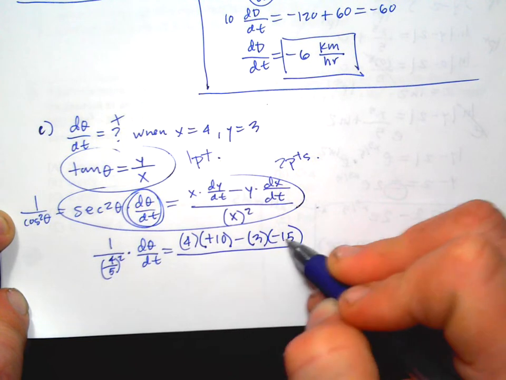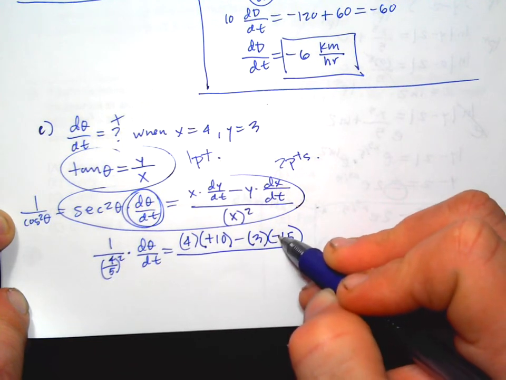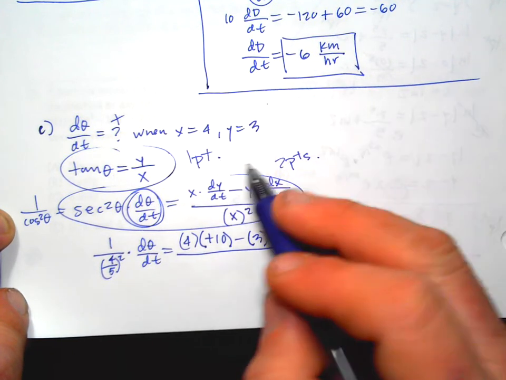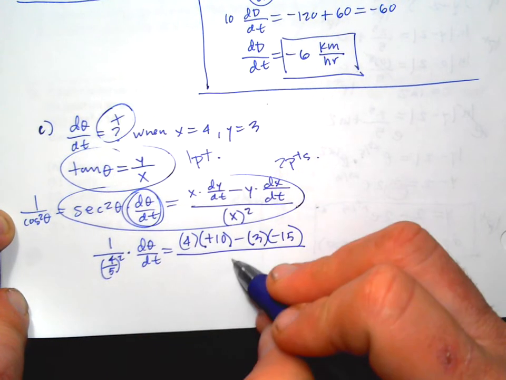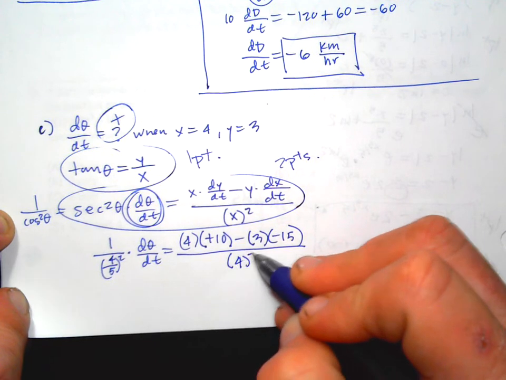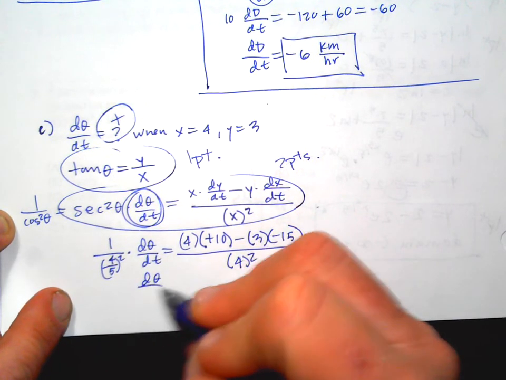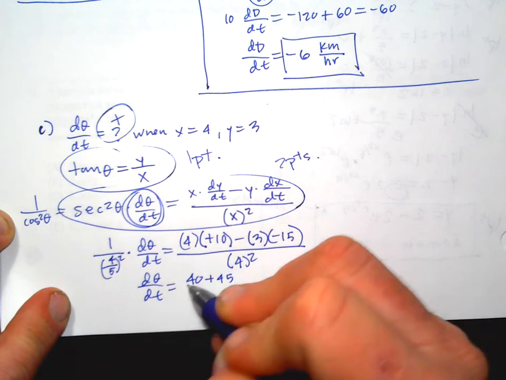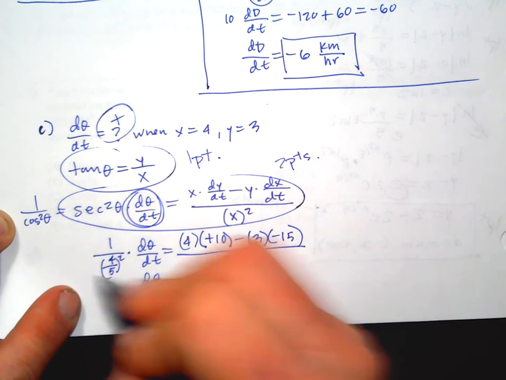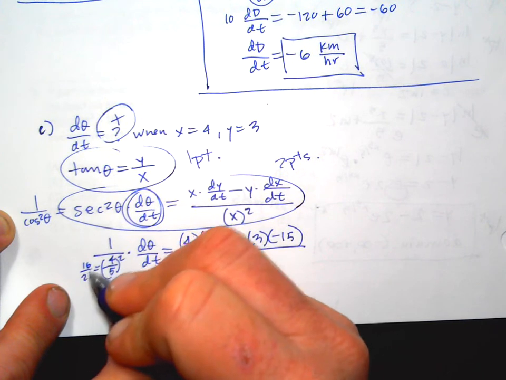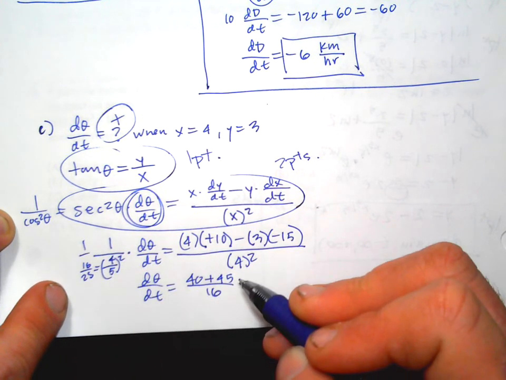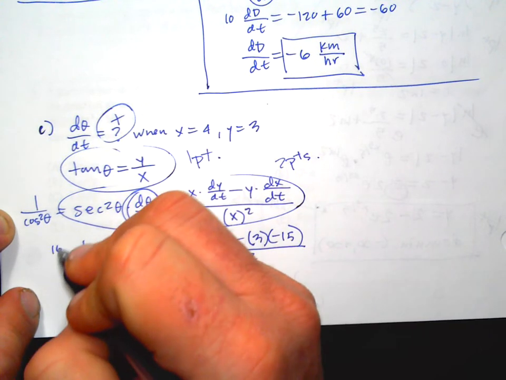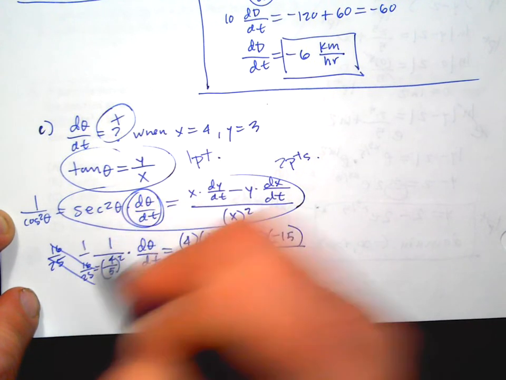And if you mess this up, if you forgot the negative on this, you'd get a negative answer, which would bother you because you predicted it was going to be positive, right? Over x squared. So d theta/dt equals 40 plus 45 over 16 times 16 over 25. So we're going to multiply by 16 over 25 to get that to cancel out.